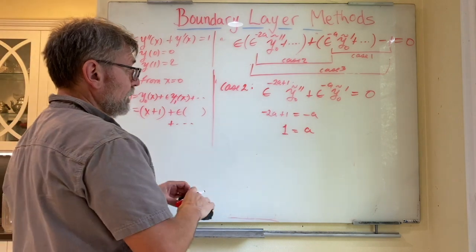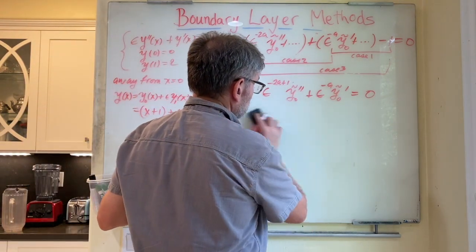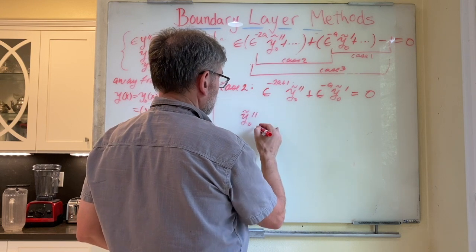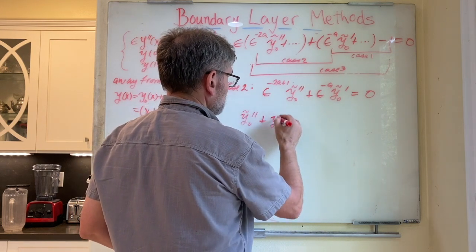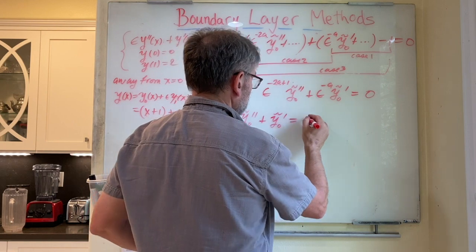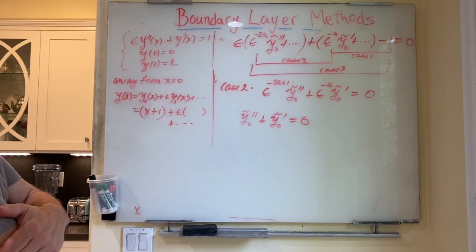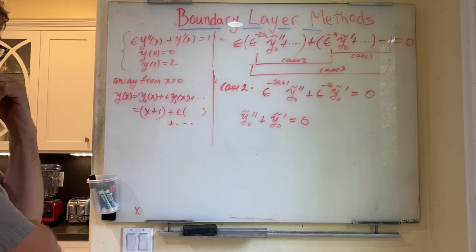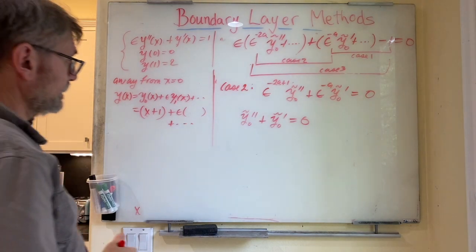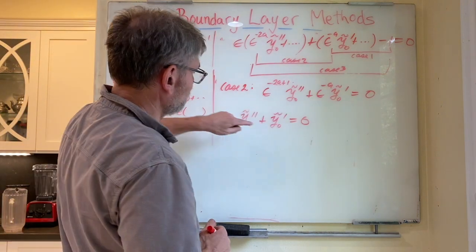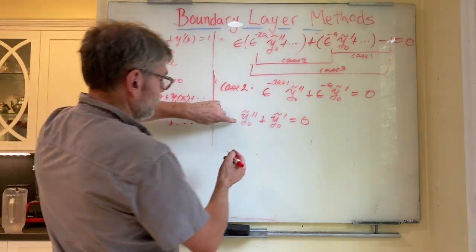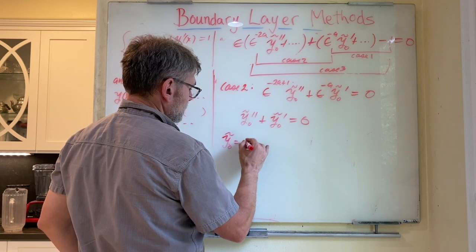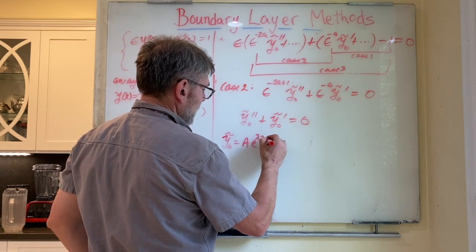And so then the problem boils down to y naught tilde double primed plus y tilde naught prime equals 0. And we can now solve this problem. If we solve this problem, what do we get? All right, so if a is equal to 1, this becomes our equation. And so we're going to look for a solution of the form y naught tilde is equal to some constant a e to the lambda x tilde.